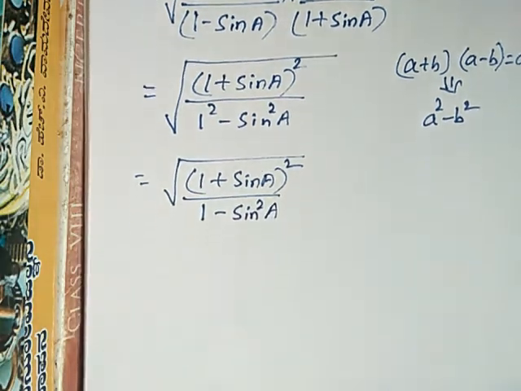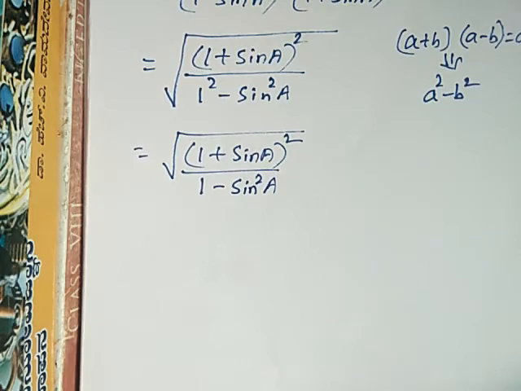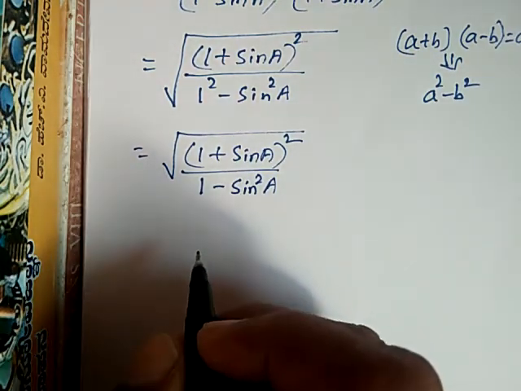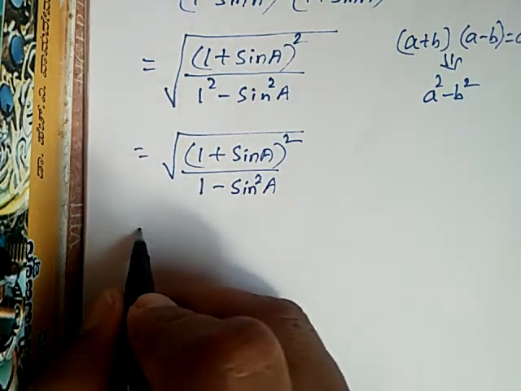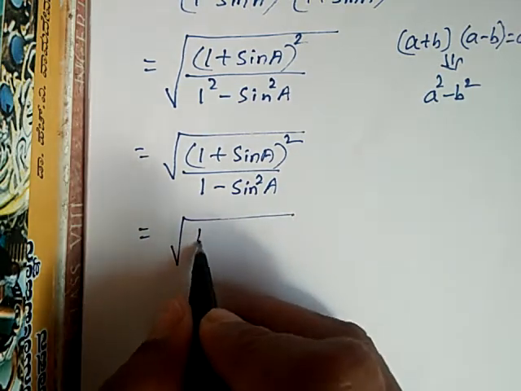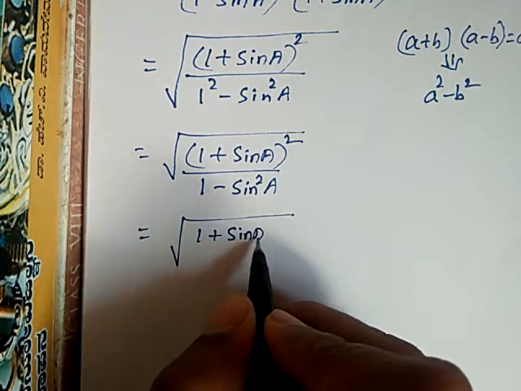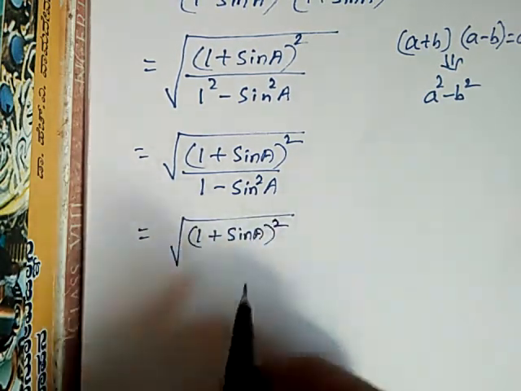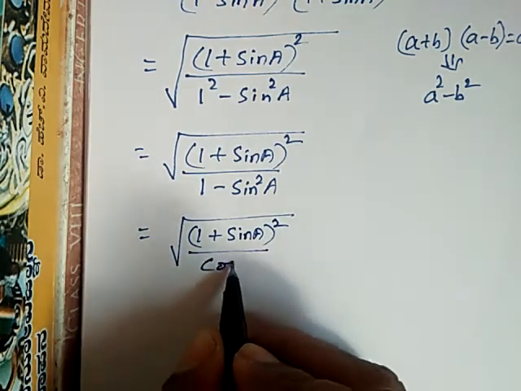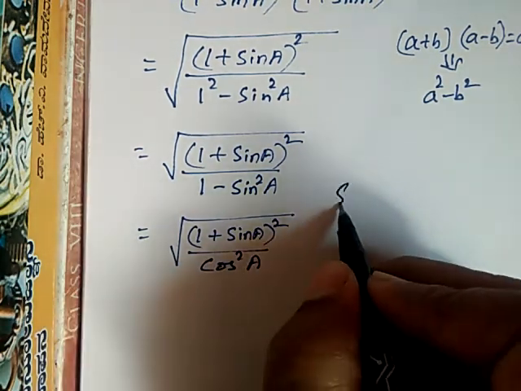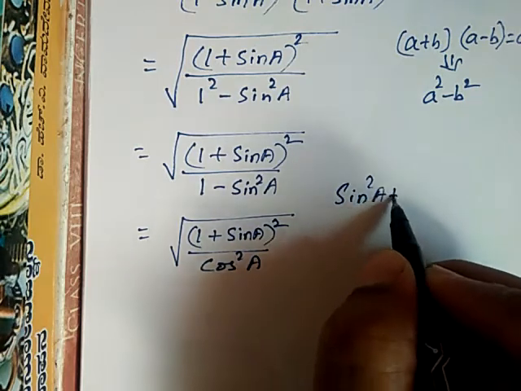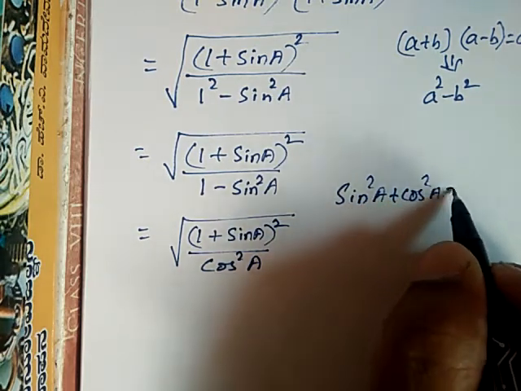You know the identity, 1 minus sin square a is nothing but cos square a, because sin square a plus cos square a is equal to 1.